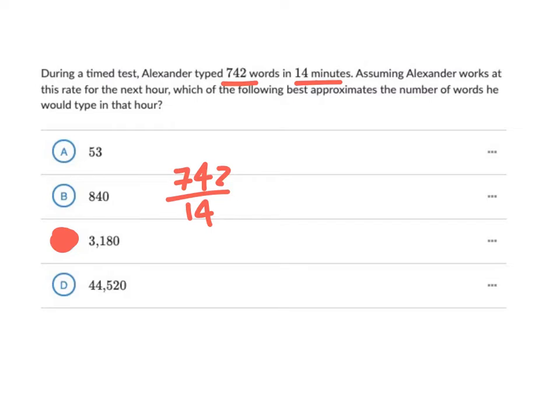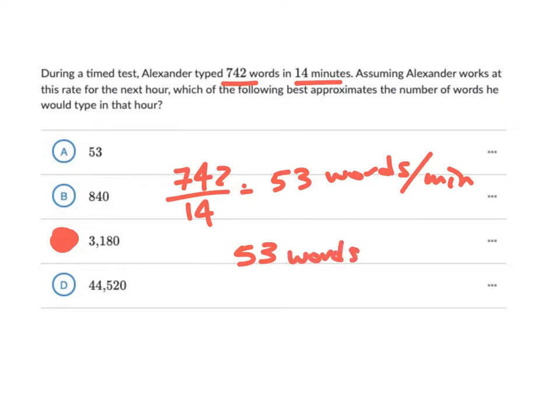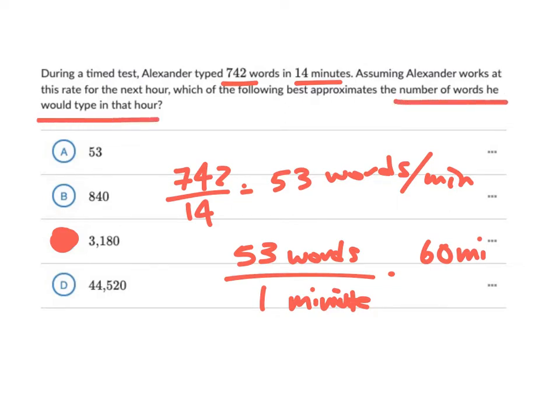742, but I rounded mine, so then I got... Wait, 742 divided by 14 is 53.
That's 53 words per minute. And then you multiply it by minutes. And here's what I want you to think about. When I do this, 53 words per 1 minute, if I multiply this by 60 minutes, because you're trying to find the number of words he would type in that hour, 60 minutes over 1 hour, this is unit conversion.